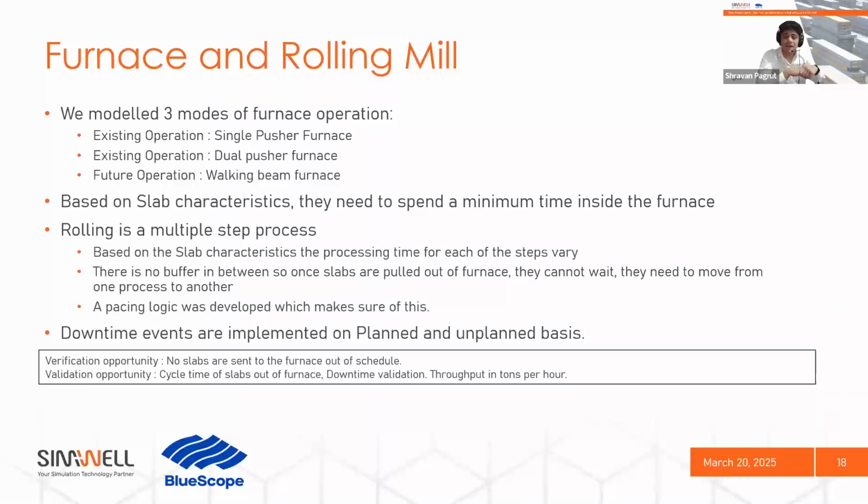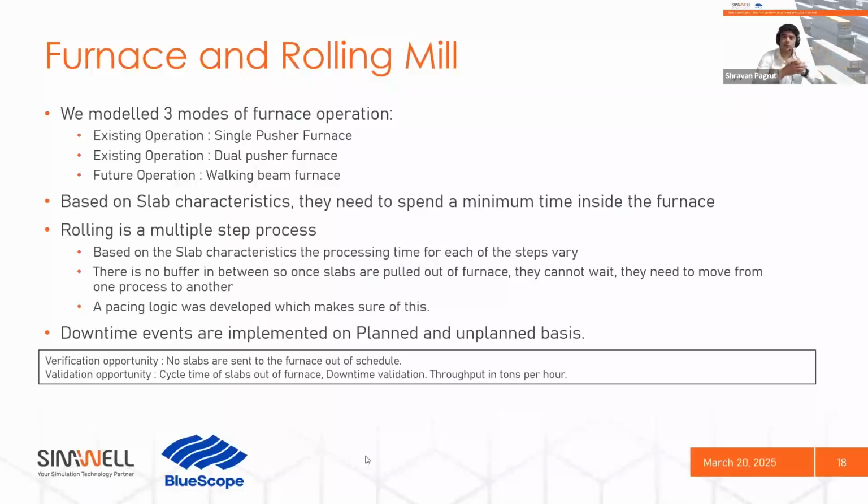And then after the furnace, there is the rolling mill, and this rolling mill has sort of 5 steps that it has to take before outputting the slab that has been rolled. These 5 steps have varying times, and because of this, each slab has varying time for all of these steps. We had to develop a pacing logic for that.